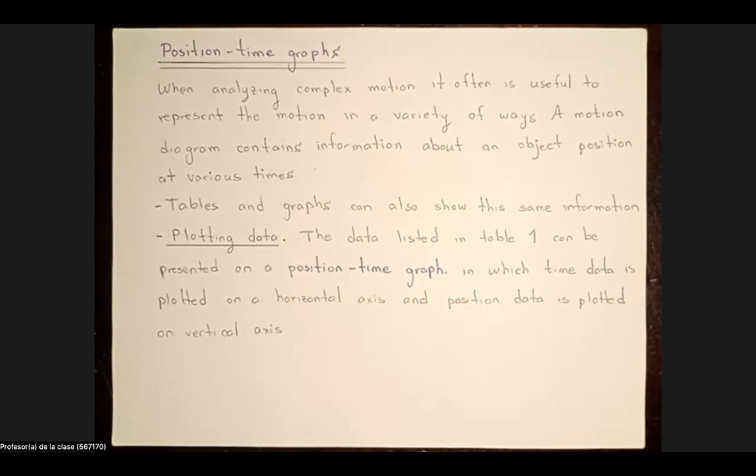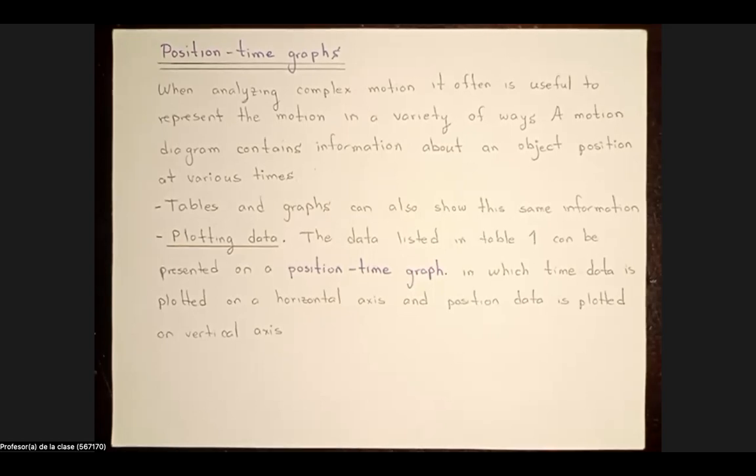So time always is going to be the independent variable in a graph. And the independent variable always is going to be on the x-axis. Okay, that's very important. That's the reason why we can make different types of diagrams or graphs.